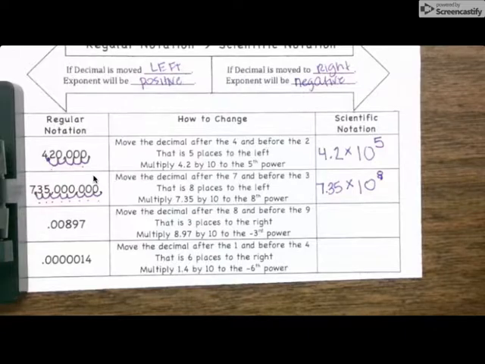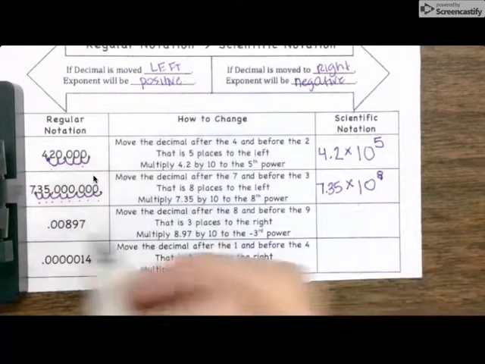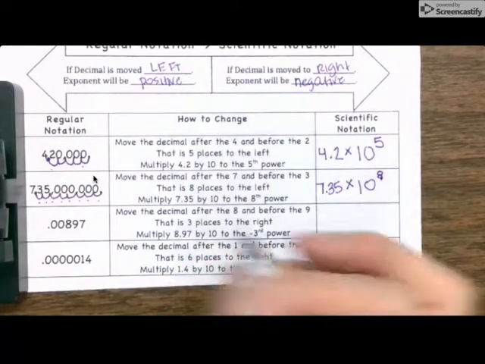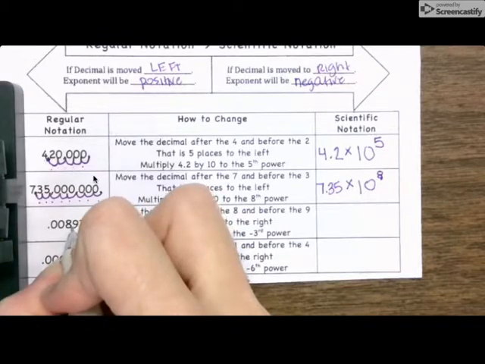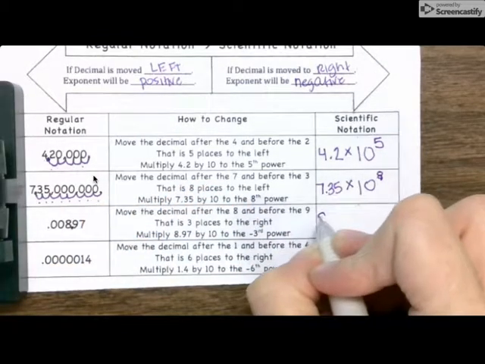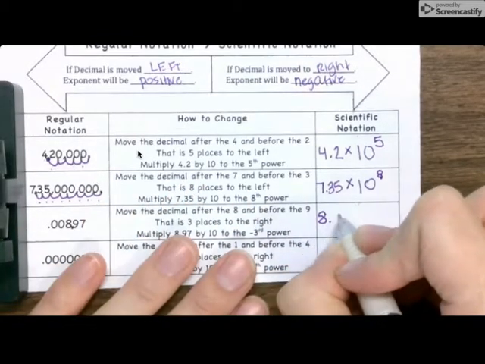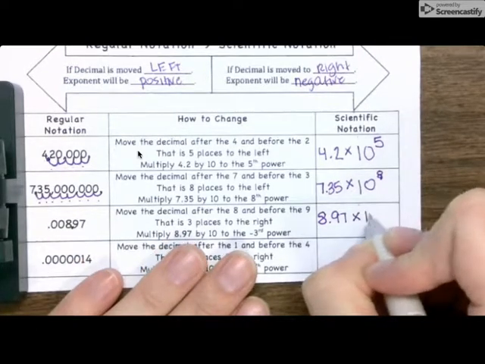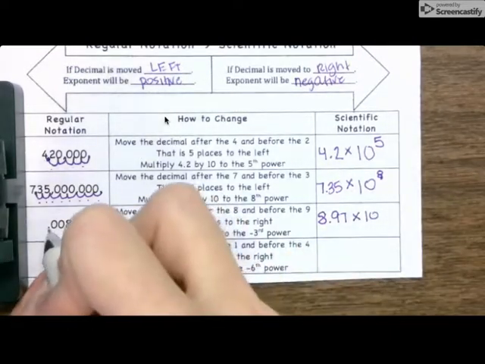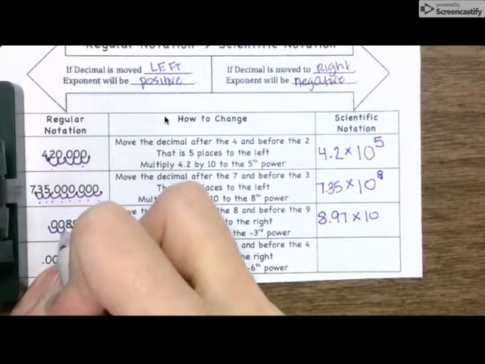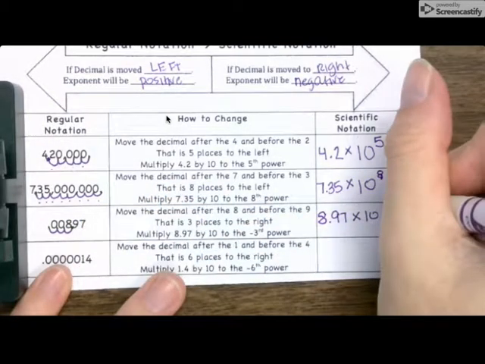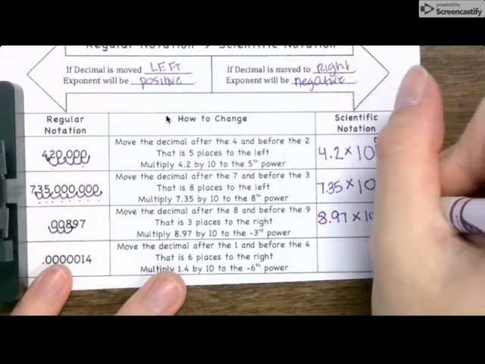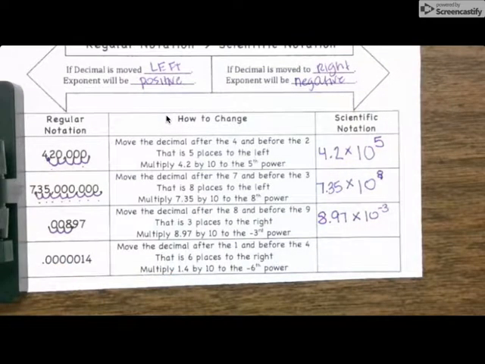Okay, now on the next one, where is it going to be between? The 8 and the 9. So I'm going to write my 8.97 times 10, and then let's figure out how many we got. 1, 2, 3, and I had to move to the right, so it is negative.